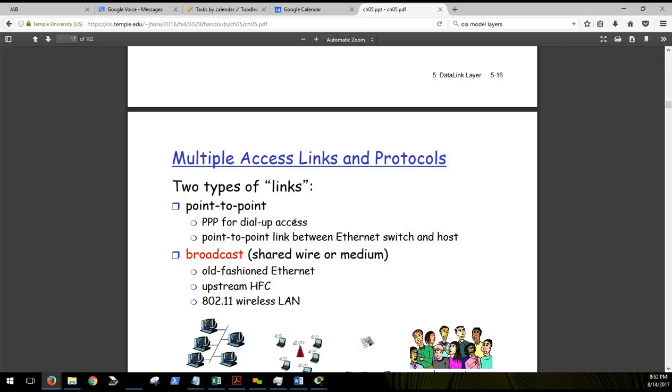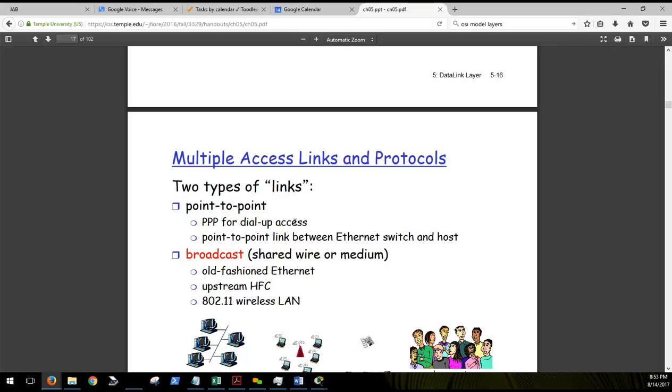So what device has a broadcast type link? Not switches; we said switch was point-to-point. A hub is a broadcast. And that's why they say here under broadcast, old-fashioned Ethernet.